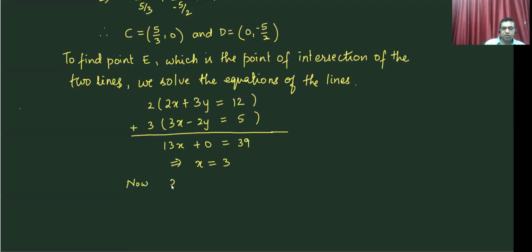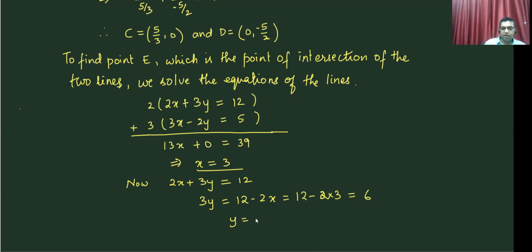Now, 2x plus 3y equal to 12. So we need to find y. 3y is 12 minus 2x. Now you substitute this x. 12 minus 2 into 3, 6. 12 minus 6 is 6.